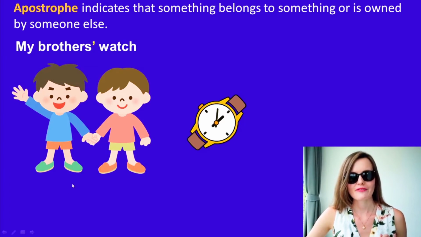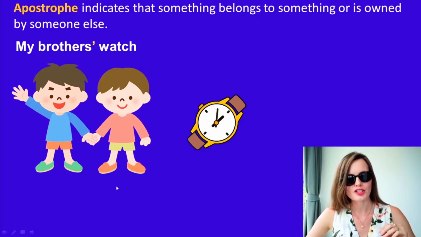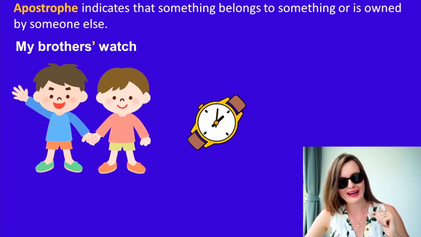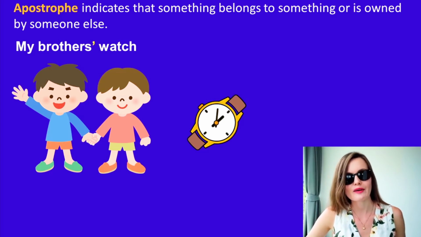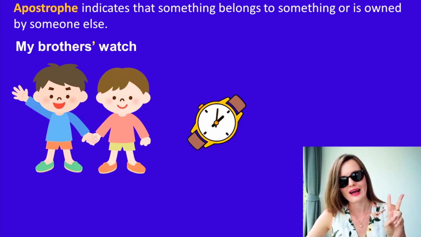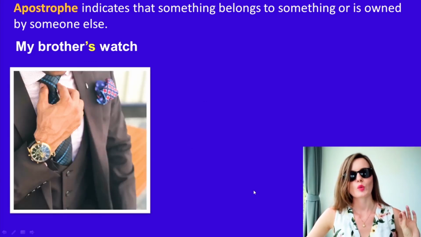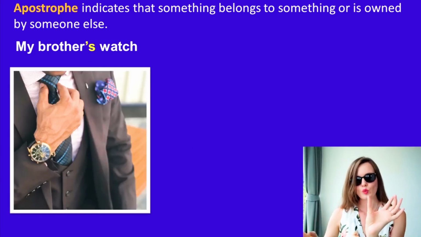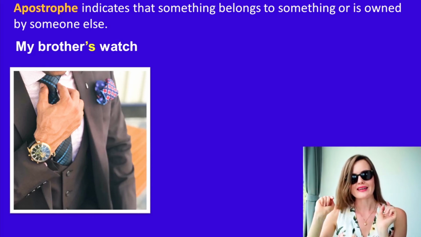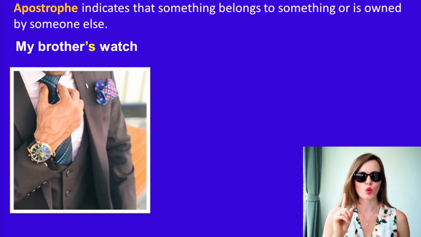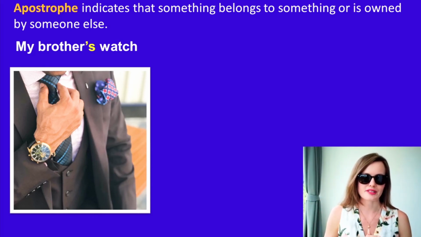And if we say my brothers' watch with an apostrophe after S, it means that we have two brothers and they have one watch that belongs to them. One more time to clarify. When we put an apostrophe after the singular noun brother, and then write an S after it, we mean that this watch belongs to one person, right?